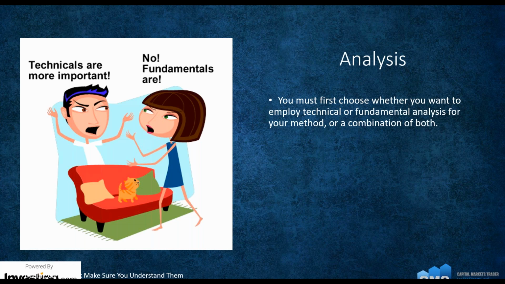So the next thing you have to do is first choose whether you want to employ technical or fundamental analysis for your method, or a combination. Now, this is important. A lot of people will trend trade from fundamental news, like Donald Trump says something, or a piece of economic data comes out, or something happens with Saudi Arabia and oil.